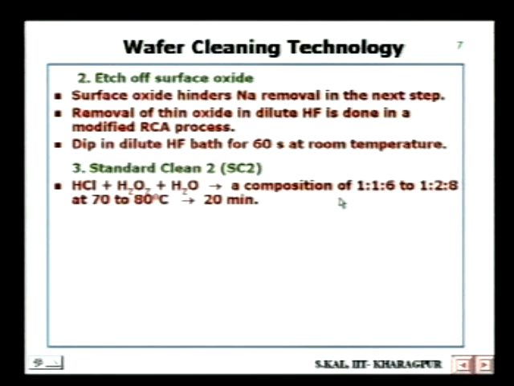All these are taken in a beaker and heated to a temperature of 70 to 80 degrees centigrade, and the wafers are immersed inside the solution, maintained at 70 to 80 degrees centigrade, for 20 minutes. That step is known as the standard clean 2 step.